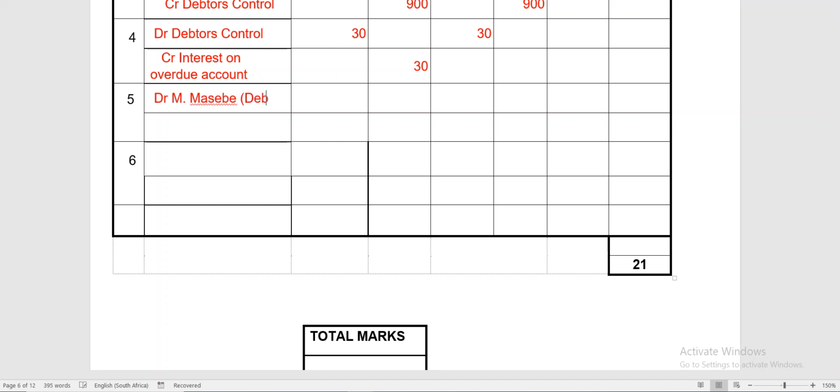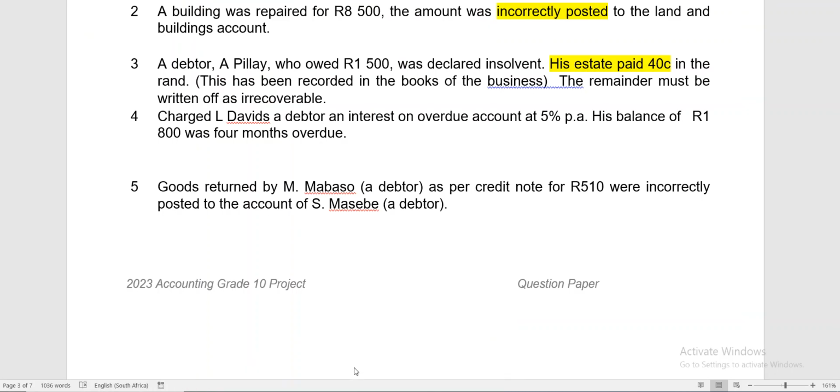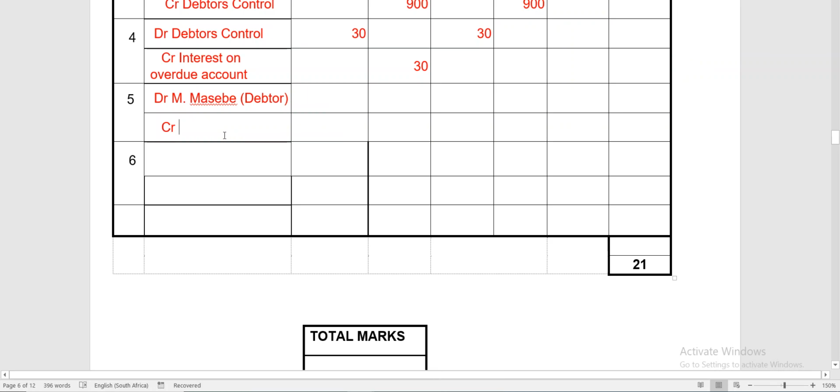So remember, this person is a debtor, right? And then we are crediting the account of, who is that person? The account of M Mabaso. We are doing the reversal, remember. So we are crediting the account of M Mabaso, who is also a debtor.